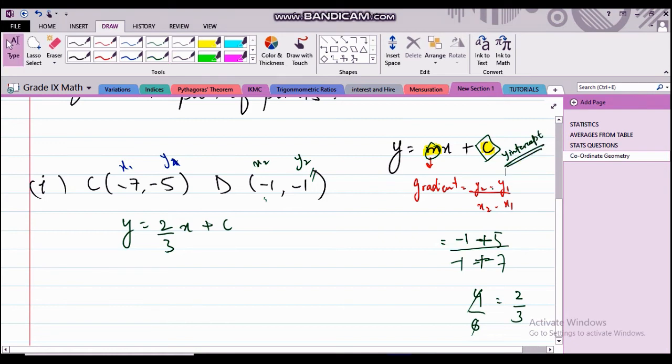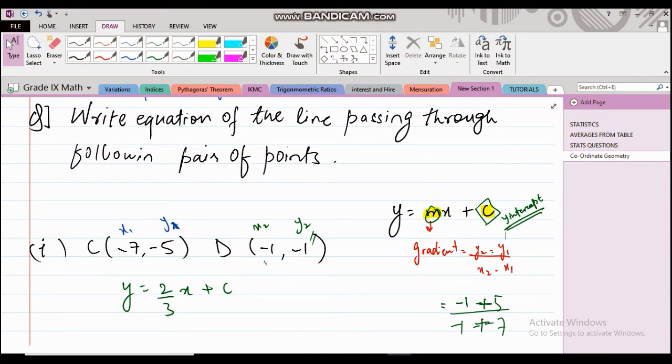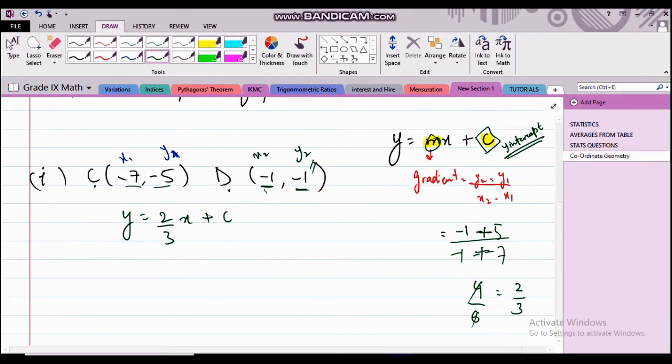We know for a fact that this line passes through point C and passes through point D. So I know that at point C my x and my y are minus 7 and minus 5, and similarly for D my x and my y are minus 1 and minus 1. In place of this y and this x, I could either substitute the values from point C, or I could do the same from D as well.